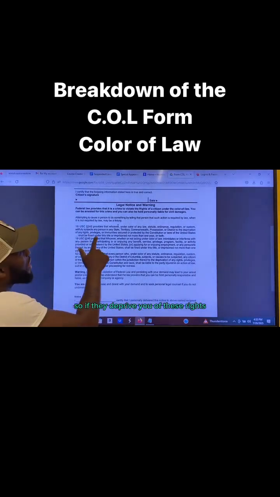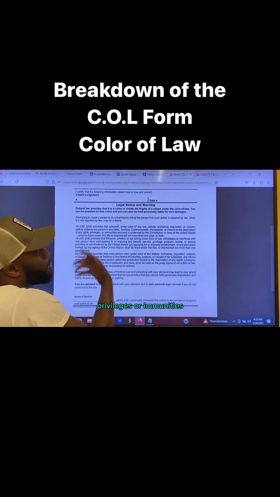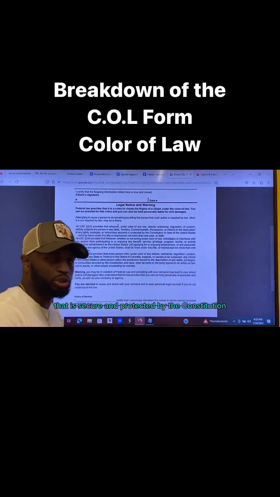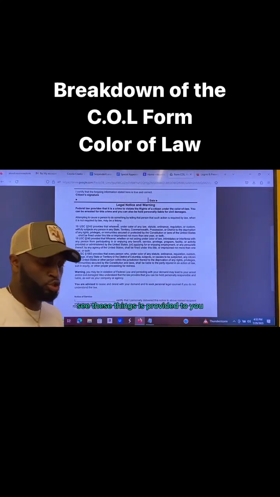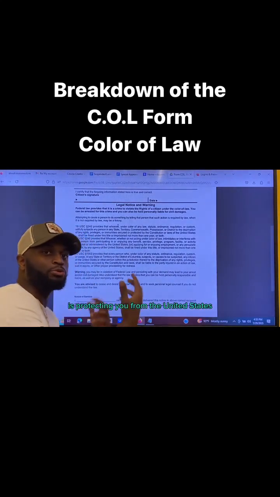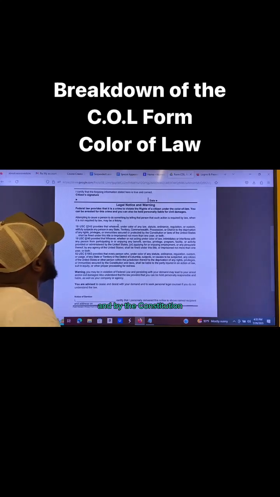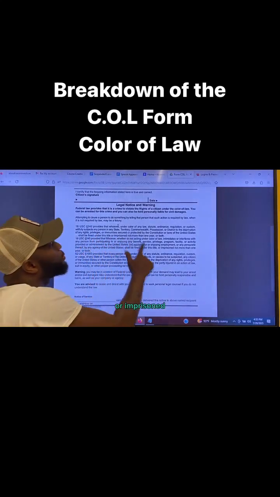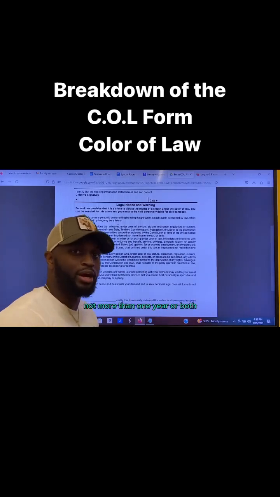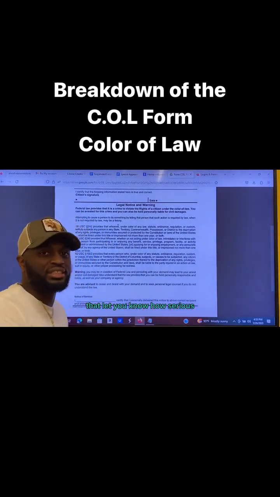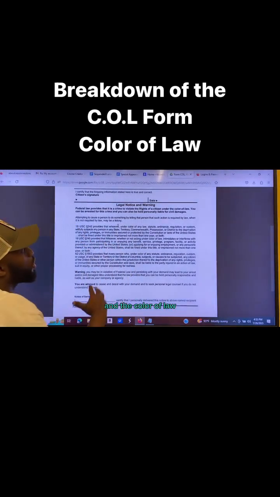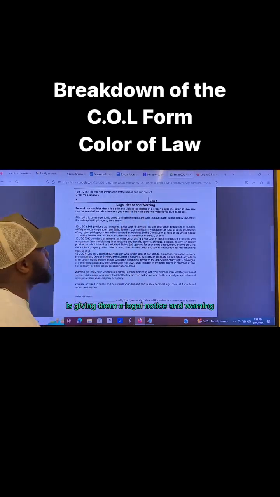So if they deprive you of these rights, privileges, or immunities that are secured and protected by the Constitution, see, these things are provided to you, protecting you from the United States and by the Constitution. They should be fined under this title or imprisoned not more than 1 year or both. That lets you know how serious these things are when they deprive you of it, and the color of law is giving them a legal notice and warning.